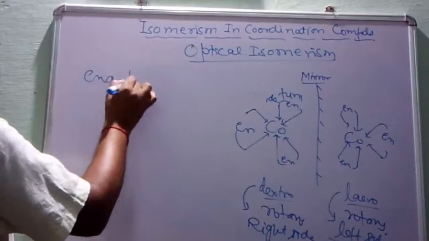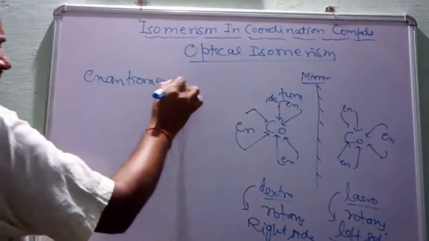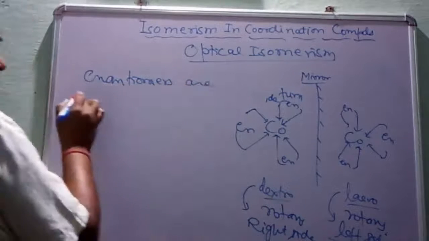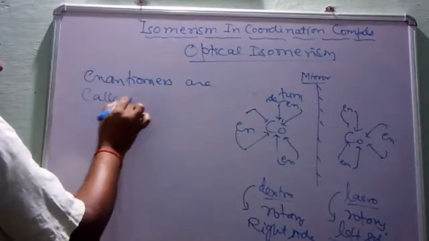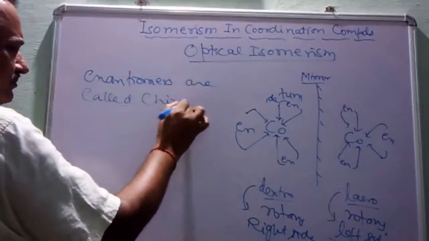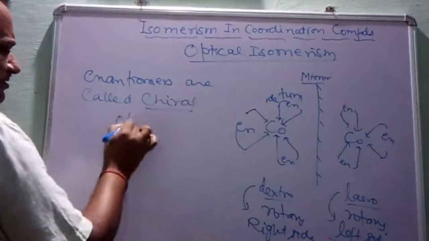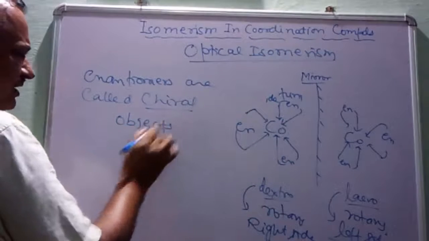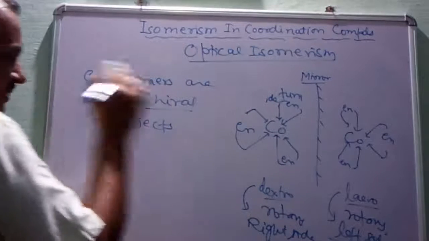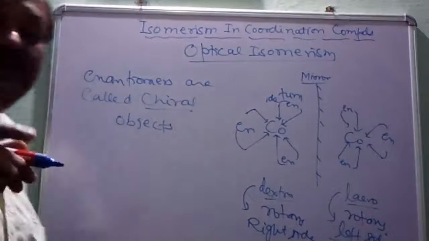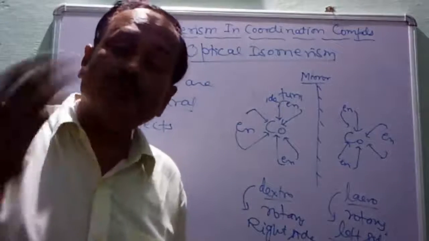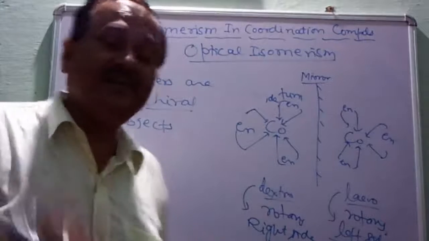So such enantiomers are called chiral objects. Chiral objects means they cannot be superimposed on their mirror image.